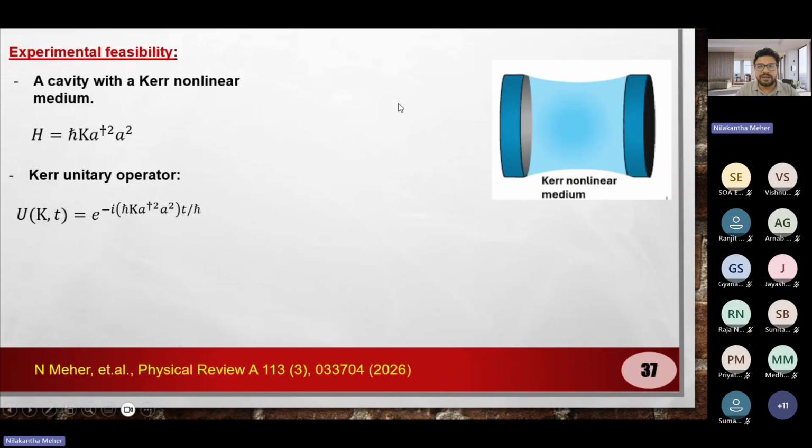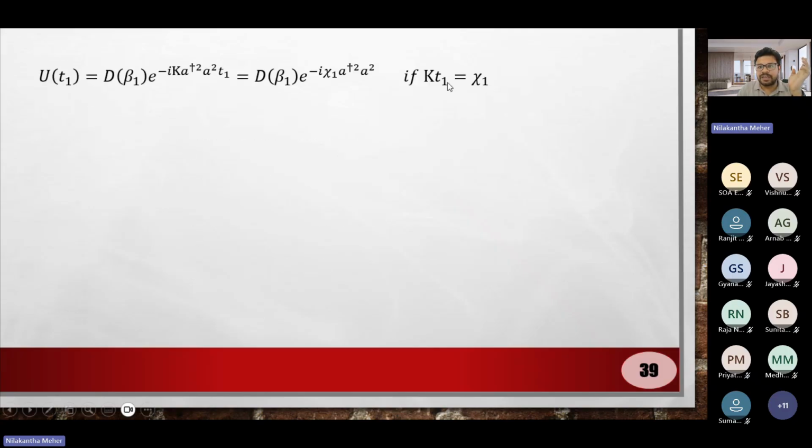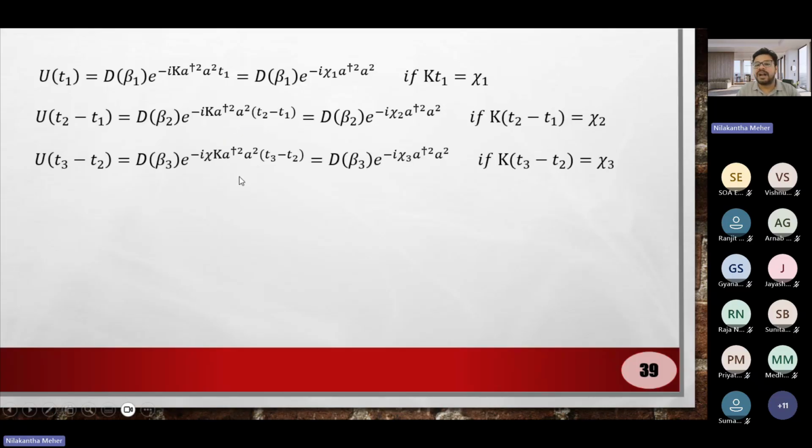If you match these experimental values, that is capital kappa times T1, the time at which the pulse was driven to the cavity, if kappa T1 is equal to chi1, then this first iteration is equivalent to our laser pulse at time T1 with the free Kerr evolution. Similarly, if kappa times T2 minus T1 is equal to chi2, then the second iteration is equivalent to that pulse as well as free evolution of the Kerr term. Similarly for the third iteration.